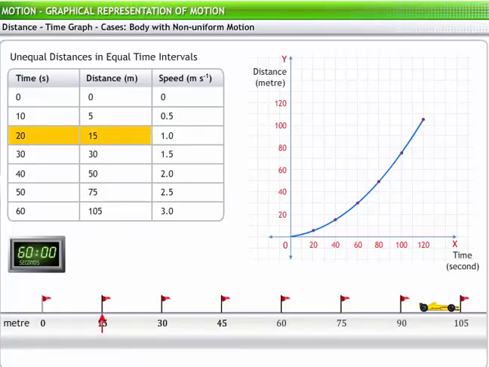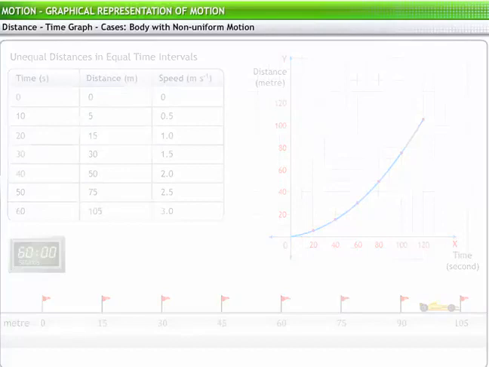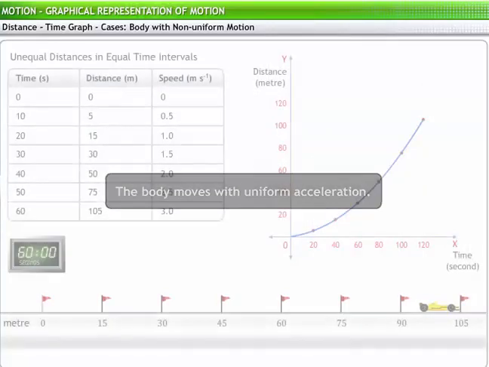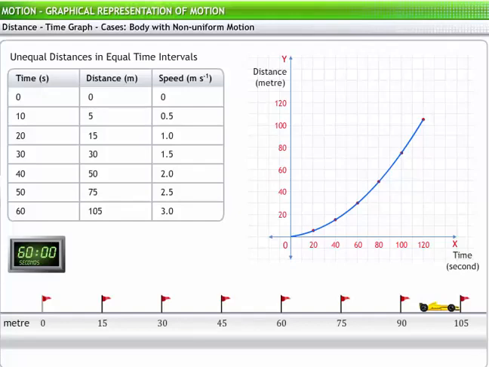Hence, the speed of the body during the second 10-second interval is 1 meter per second. We observe that the speed of the body increased with time at a constant rate. Hence, we can say that the body moves with uniform acceleration. Thus, for a body with uniformly accelerated motion, the distance time graph is in shape of a parabola.